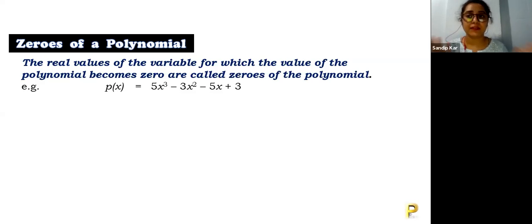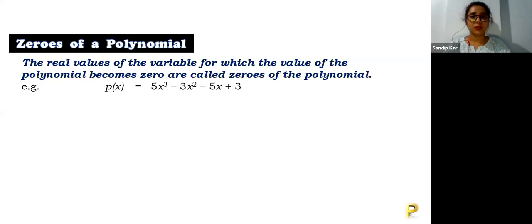Whenever we find the value of a polynomial, whatever number we have replaced by x, at the end of the solution, if we get the answer as 0, that number is called the zero of a polynomial.